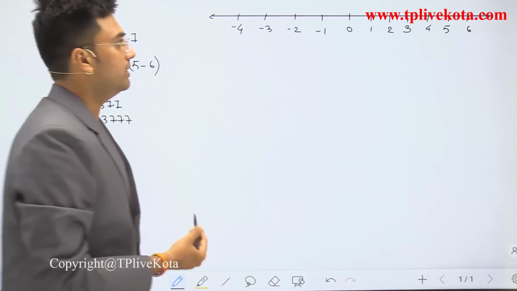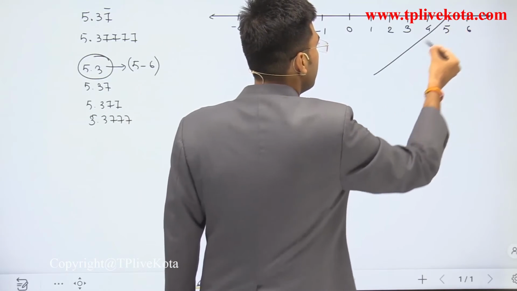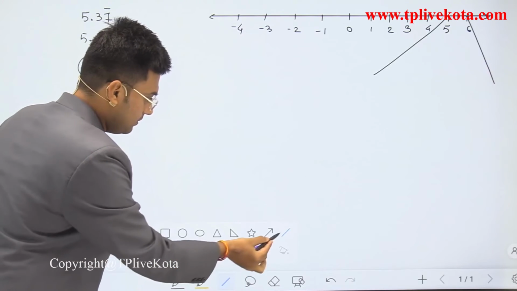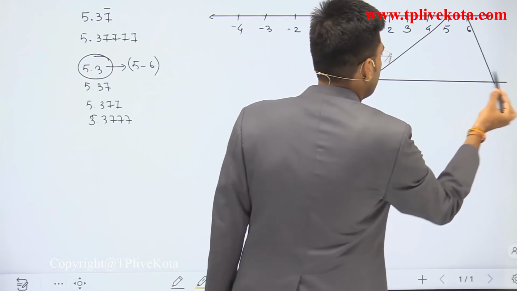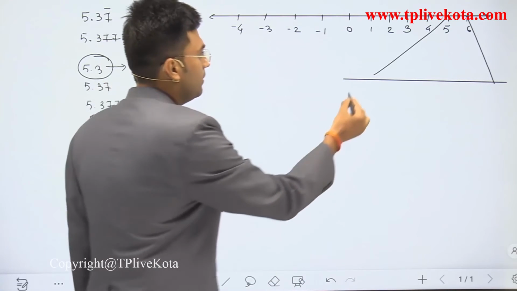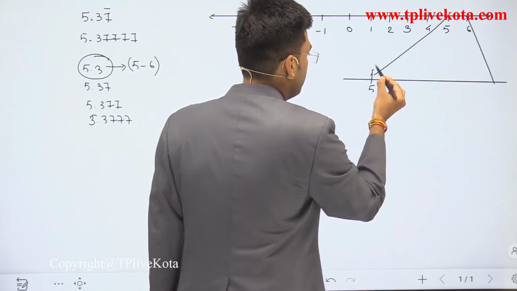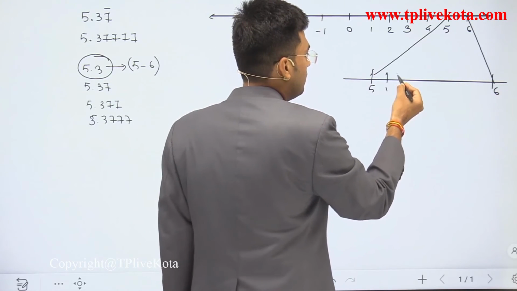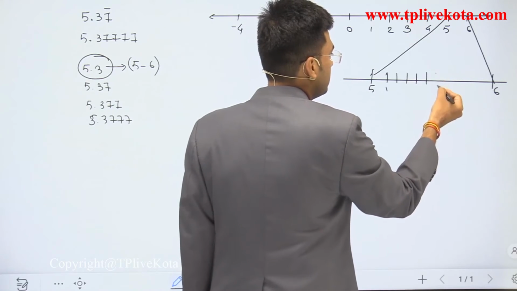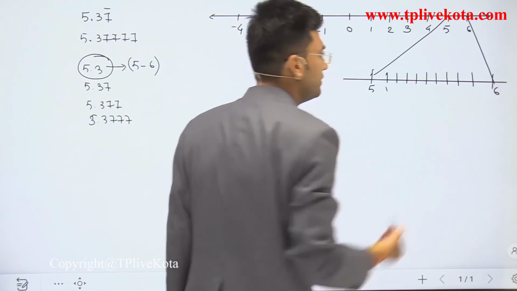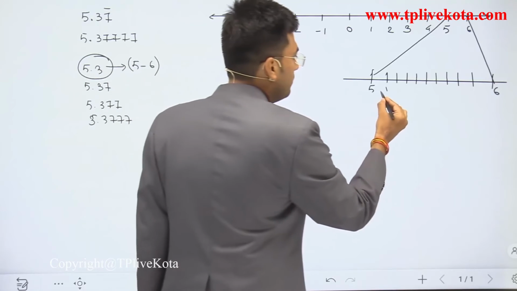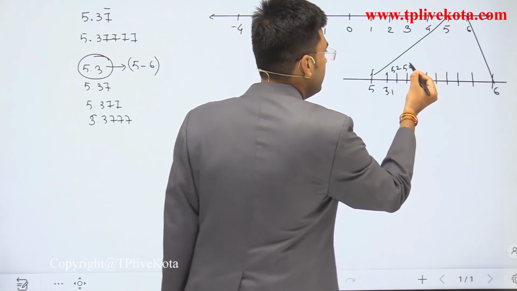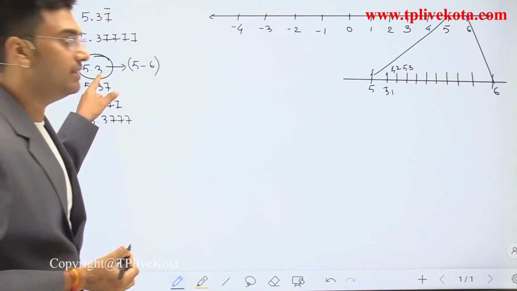We have to divide 5 and 6 into 10 equal parts. This is 5 and this is 6. 1, 2, 3, 4, 5, 6, 7, 8, 9 and 10. So it is 5.1, 5.2, 5.3 and we have to represent 5.3 here.